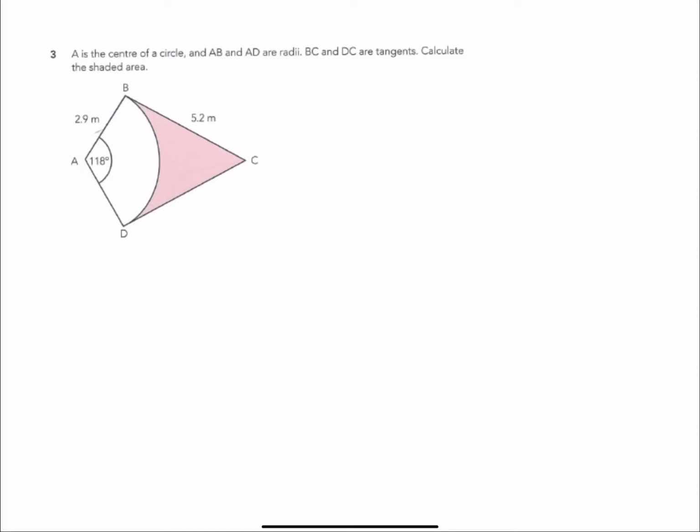Yeah, it is actually a kite. I don't know how much information to do with circle theorems you're going to need on this. But let's have a look at it. Pause the video and see if you can have a go at this question yourself, and then I'll do it myself.